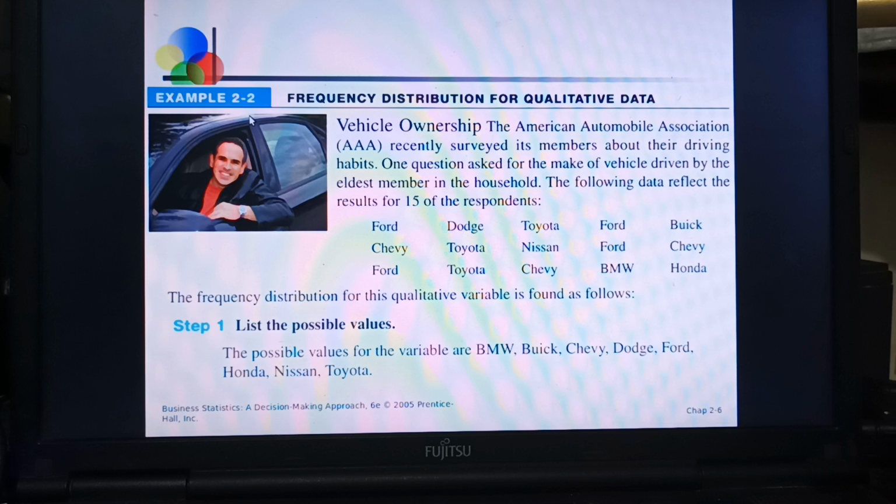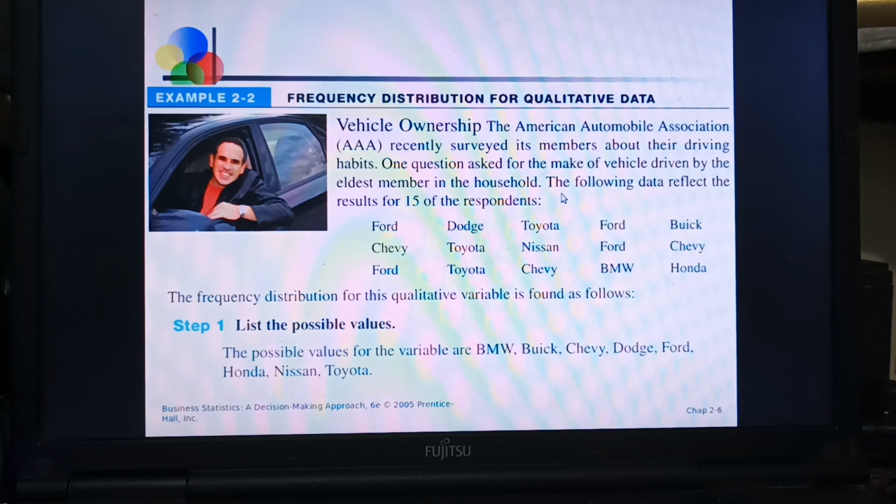Now, example 2-2, frequency distribution for qualitative data. Vehicle ownership. The American Automobile Association recently surveyed its members about their driving habits. One question asked for the make of vehicle driven by the eldest member in the household. Make of a vehicle means it's the brand of the vehicle.